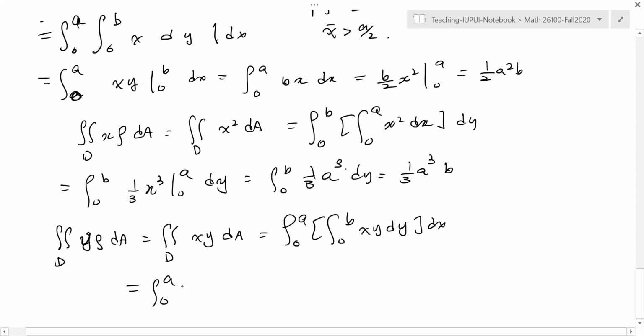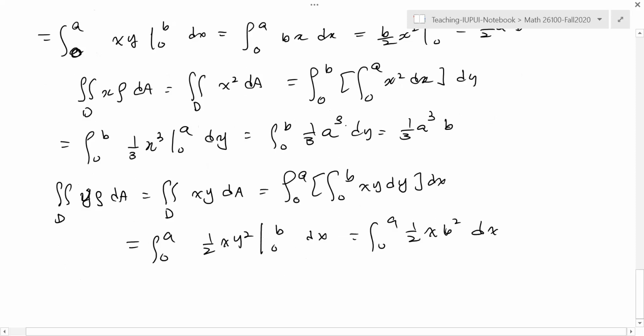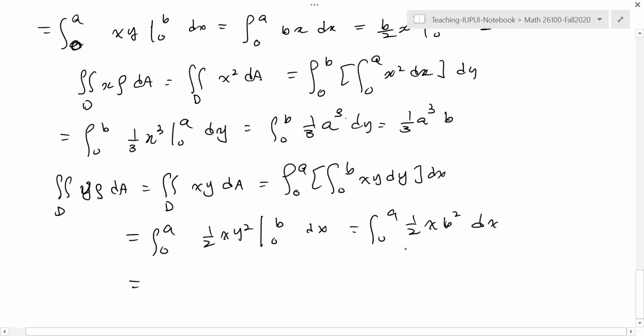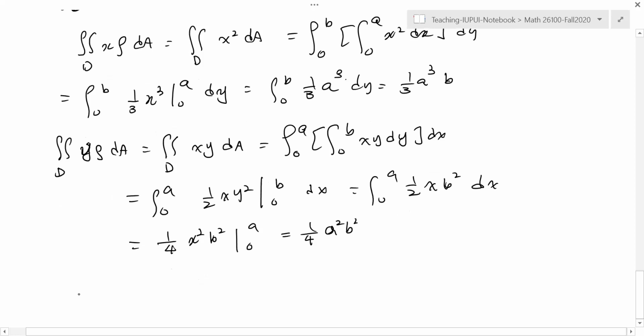So the antiderivative of the inside function, x y, is x y squared over 2, and this becomes b squared here, dx. Then you again find the antiderivative of x. It would be x squared b squared over 4, and that is one fourth of a squared b squared. All right, so we're done. So the center x bar will be right on the formula first.